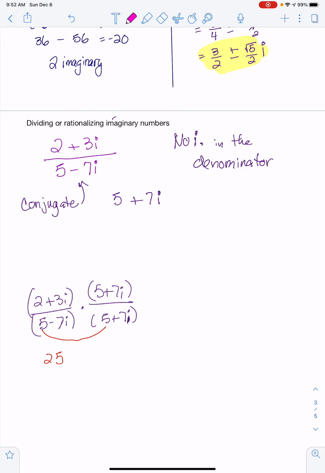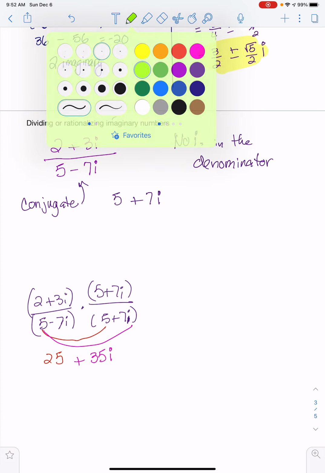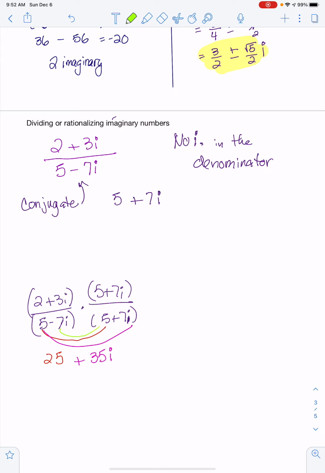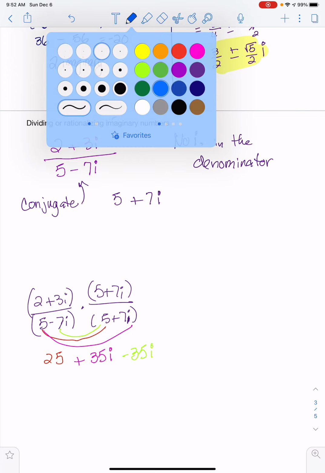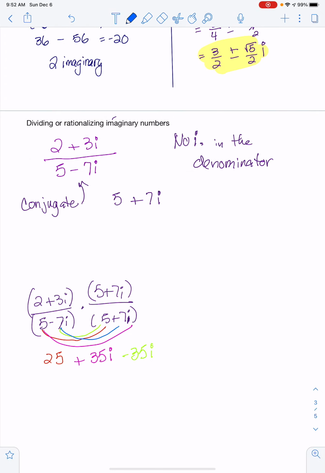And then I'm going to distribute 5 to 7i and get 35i. And then I'm going to distribute negative 7i to 5 and get negative 35i. And I'm going to distribute negative 7i to negative 7i, I'm going to get negative 49i squared.